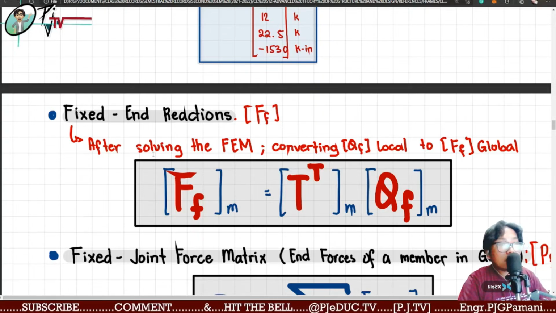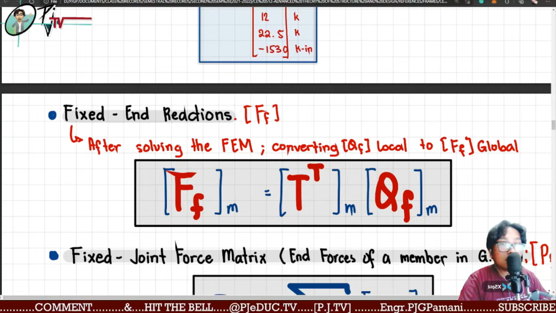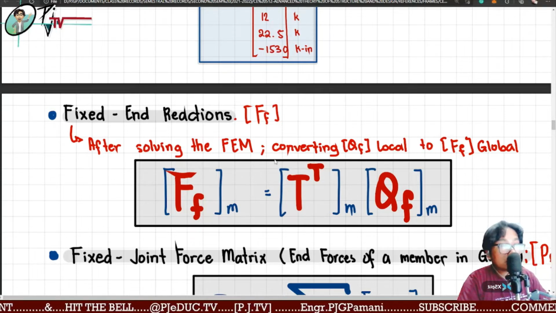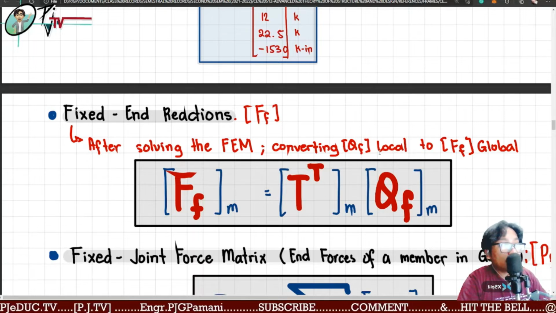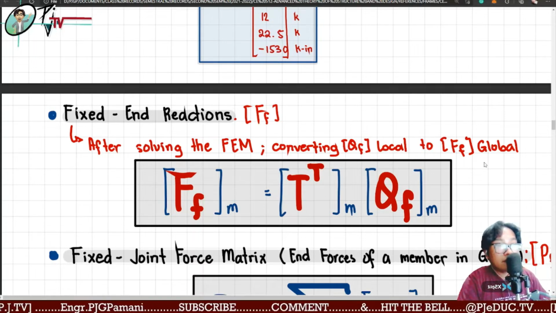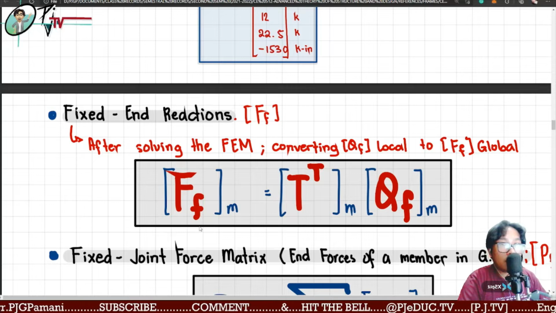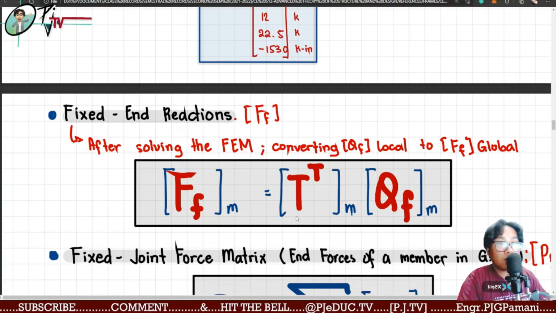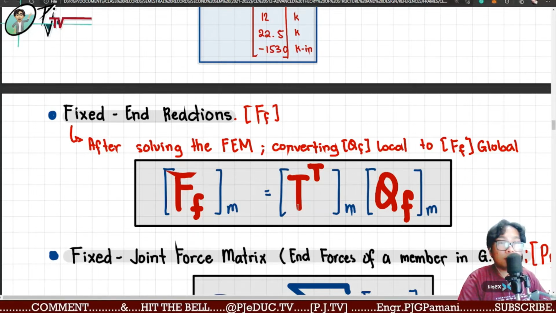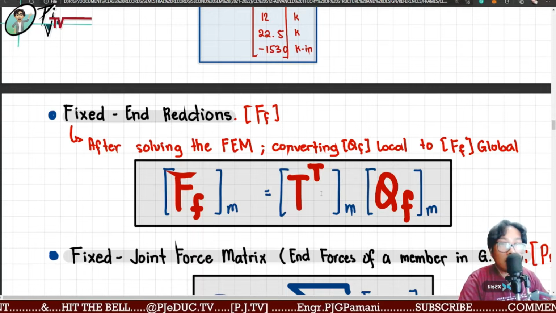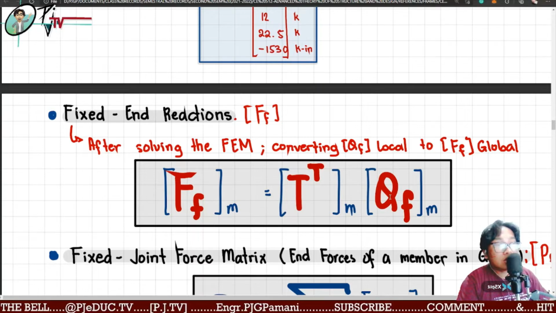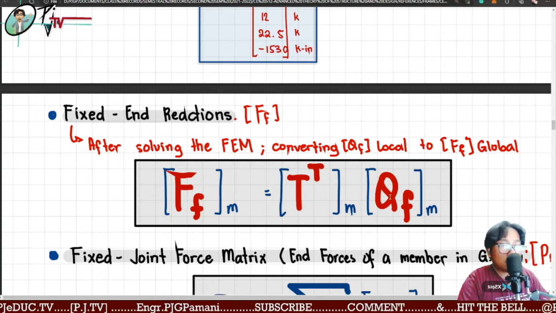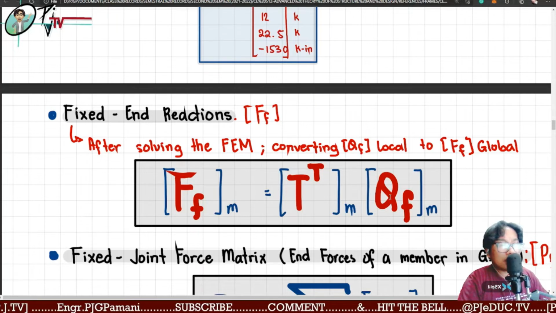The fixed end reactions or the fixed end moments on its global coordinate system, after solving FEM, converting QF local to FF global, FF global coordinate system is simply equal to the transpose transformation matrix of that member times the solved fixed end moment on its local coordinate system.